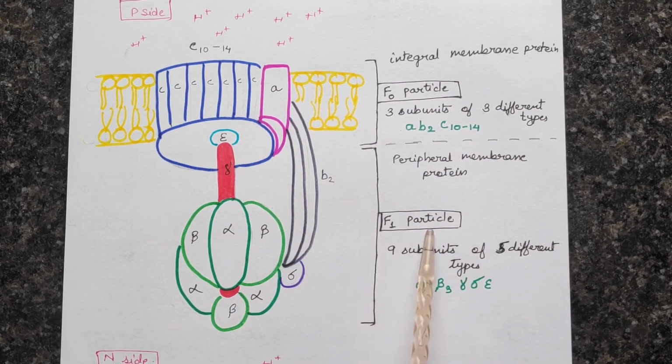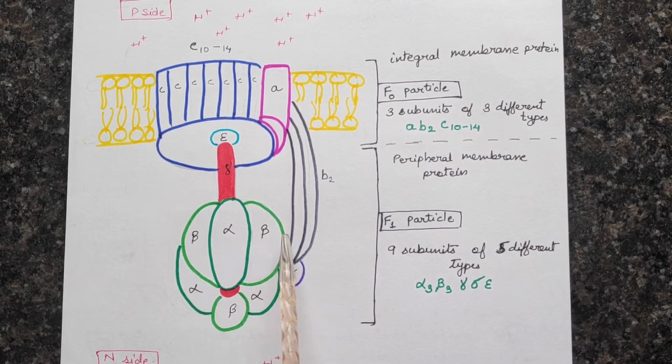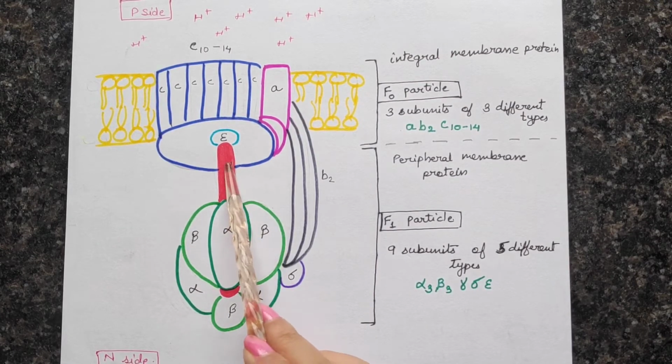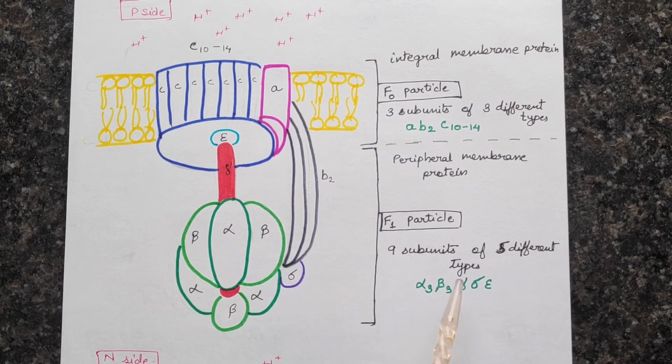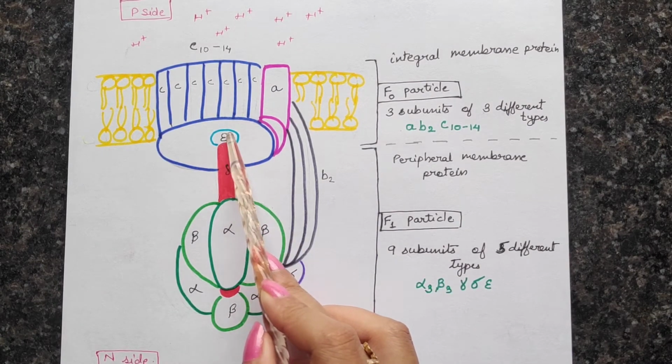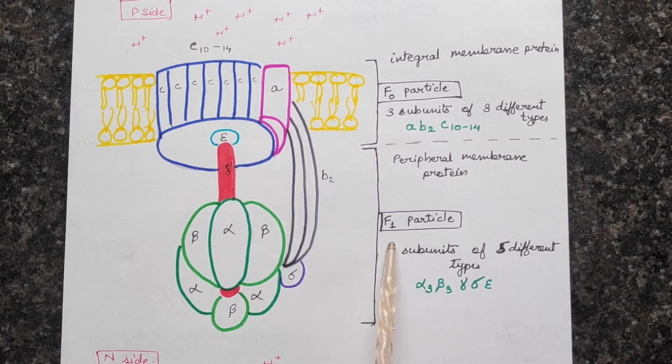Then comes the F1 particle. It has 9 subunits of 5 different types. Alpha 3, 1, 2, 3, beta 3, 1, 2, 3. Then gamma, the red one. Then delta, this one, and epsilon, this one. So the F1 particle has 9 subunits of 5 different types.